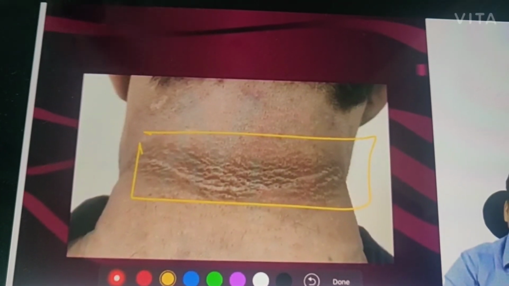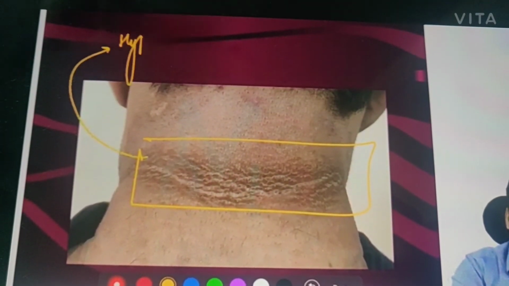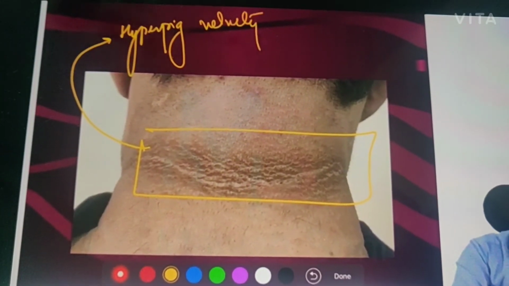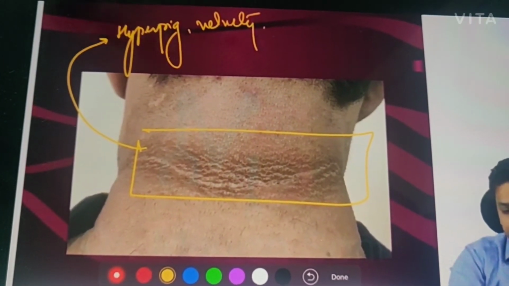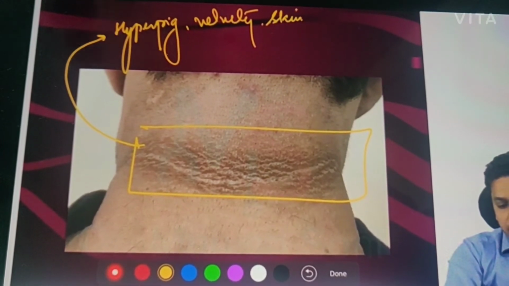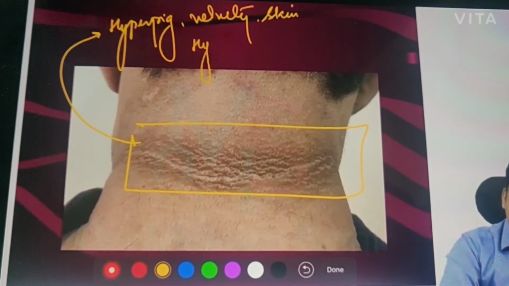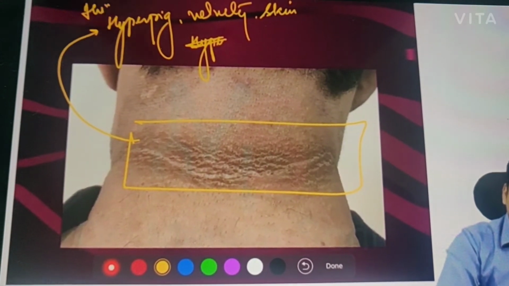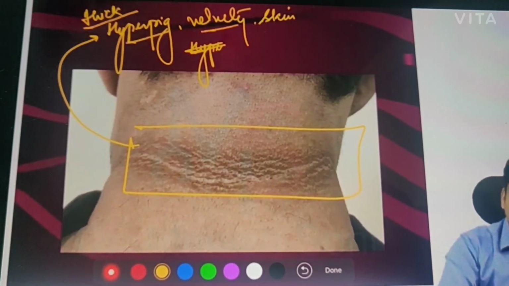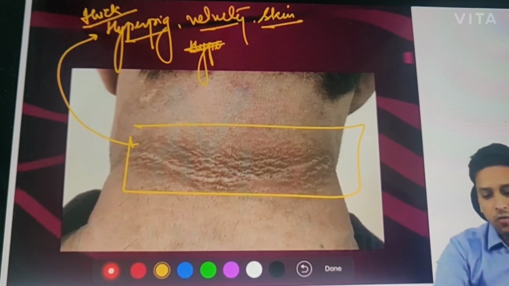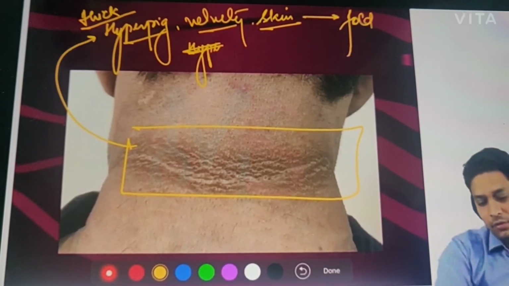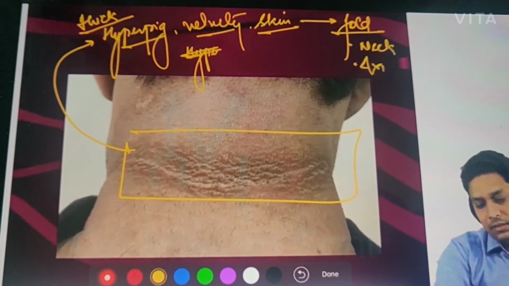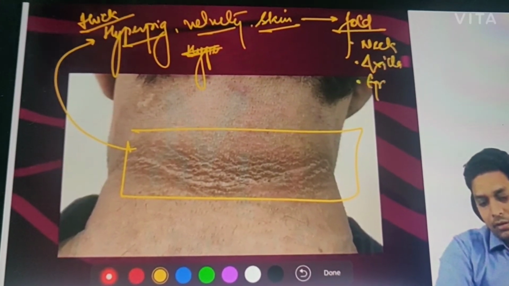Then in patients sometimes you will get this hyperpigmented, velvety skin which is also thickened, so thick hyperpigmented velvety skin over folds like neck folds, axilla, groin.